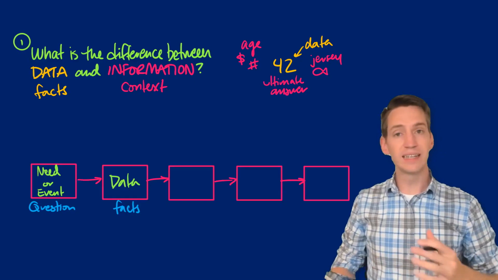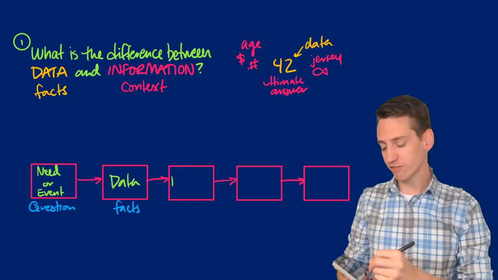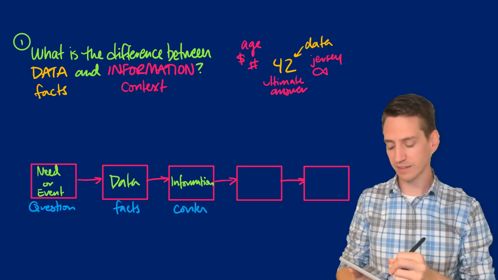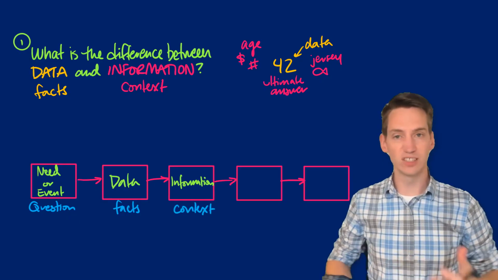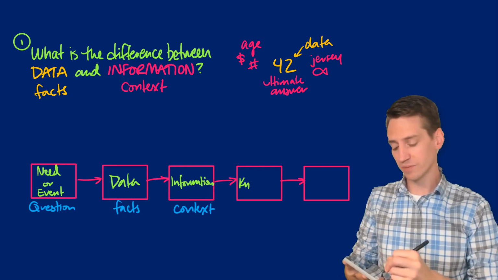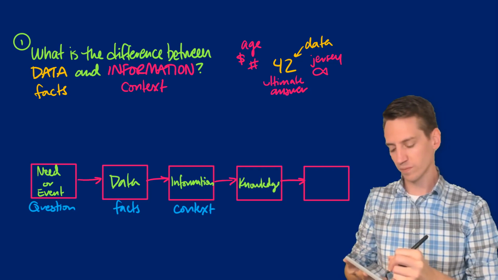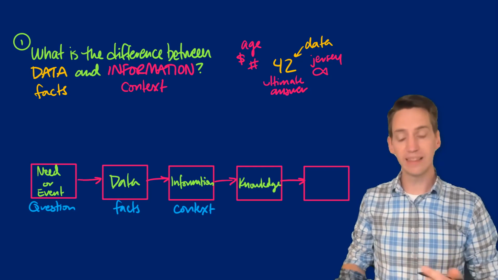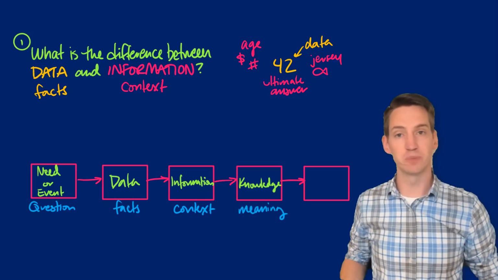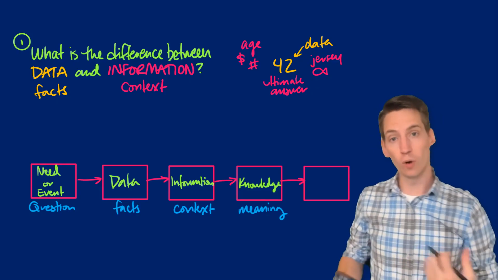Once we have data, data combined with other data becomes information, which provides the context for that data and tells us what it means. Information then turns into knowledge. Knowledge is where we take that and we try and derive meaning for it. So we apply judgment. Is that number good or bad?